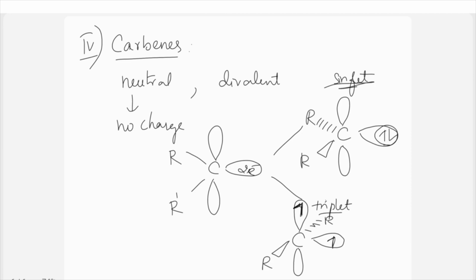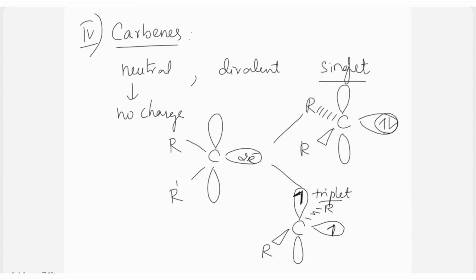So carbenes are expected to be in either singlet form or in the triplet form. Now if we look at the structural arrangement of singlet and triplet carbene, singlet carbene is having sp2 hybridization, where out of 3 hybrid orbitals, 2 are utilized by the bonding atoms, 1 is utilized by the unshared pair of electron, like the lone pair of electron, and this is the unhybridized p orbital that is left vacant.